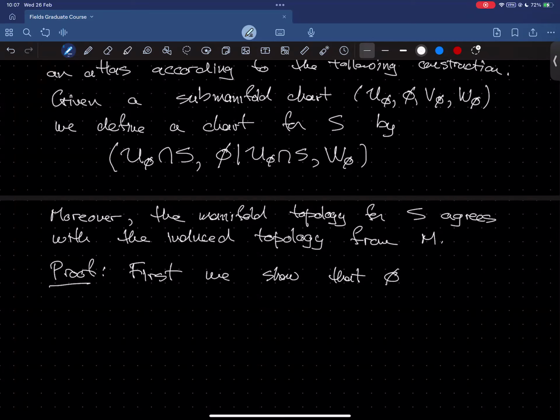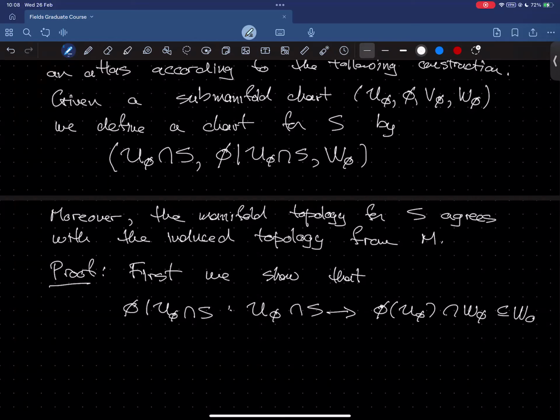phi restricted to U phi intersect S is a map from U phi intersect S into phi of U phi intersect S. The definition of a submanifold chart is that that is phi of U phi intersect W phi, and that is contained in W phi.